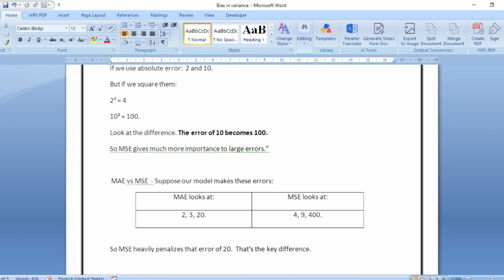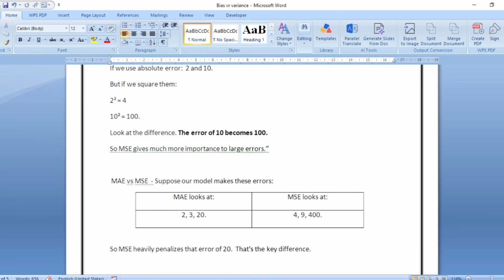Now let's compare them, mean absolute error and mean squared error. Suppose our model makes these errors: 2, 3, 20. MAE looks at them as 2, 3, 20 only. But mean squared error looks at 4, 9 and 400.